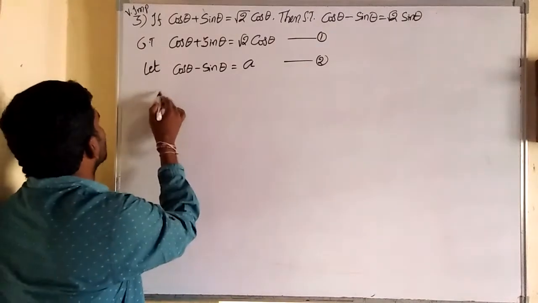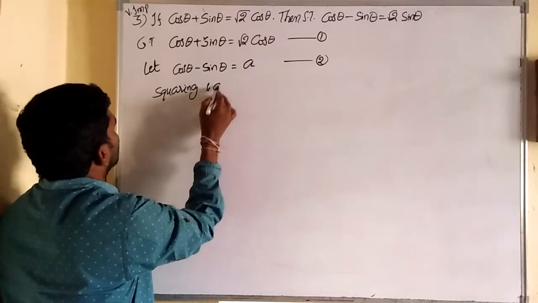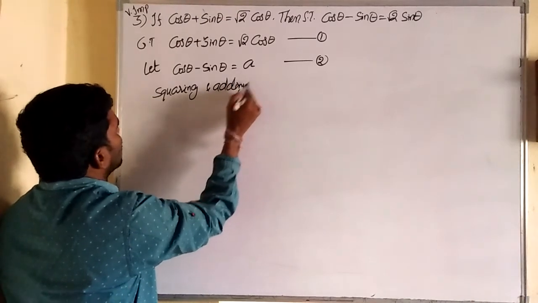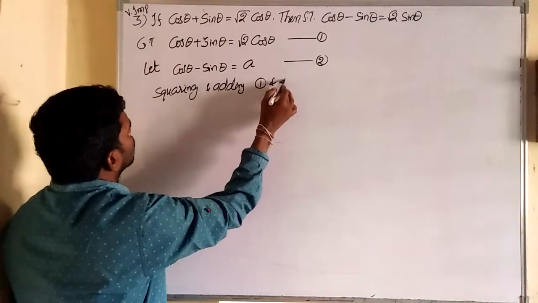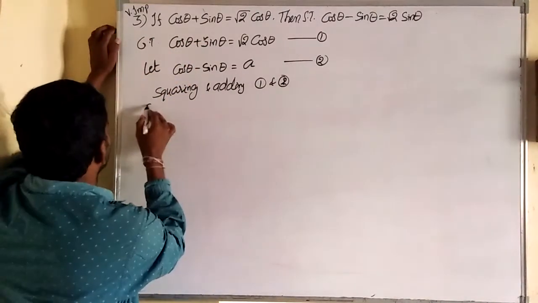So now, squaring and adding equation 1 and equation 2. What is the square of cos plus sin?